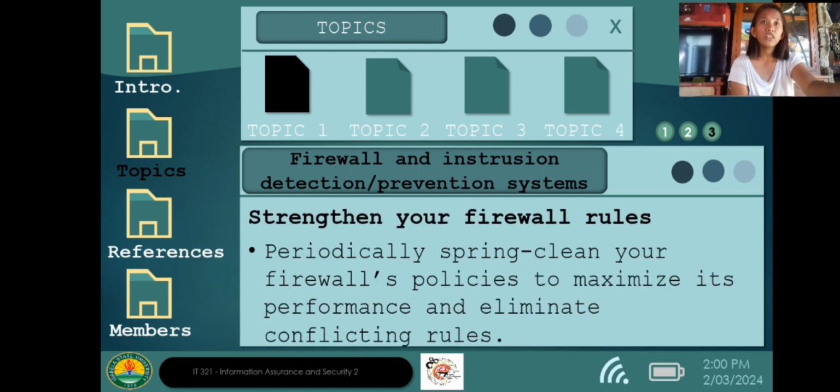So how do you strengthen your firewall rules? Periodically scrub your firewall's policies to maximize its performance and eliminate conflicting rules. But more importantly, it lets you audit your firewall's architecture and streamline it if needed. The SANS Institute has a checklist of rule sets that can serve as your benchmark.